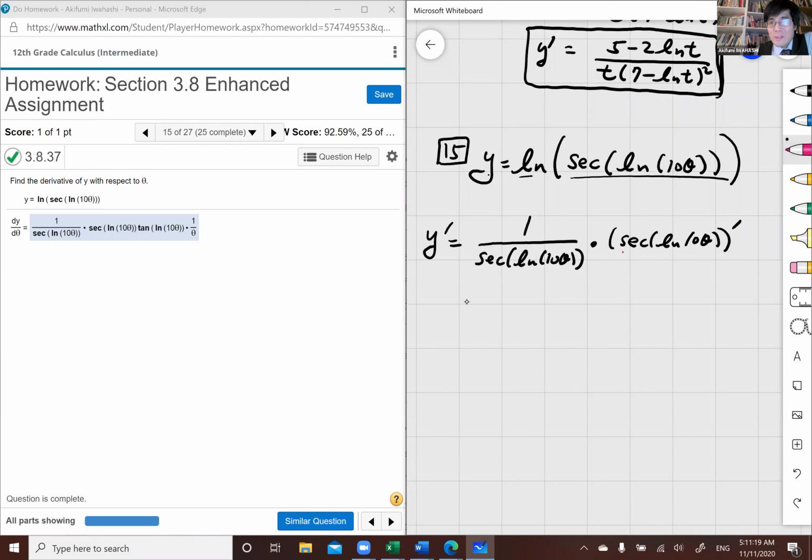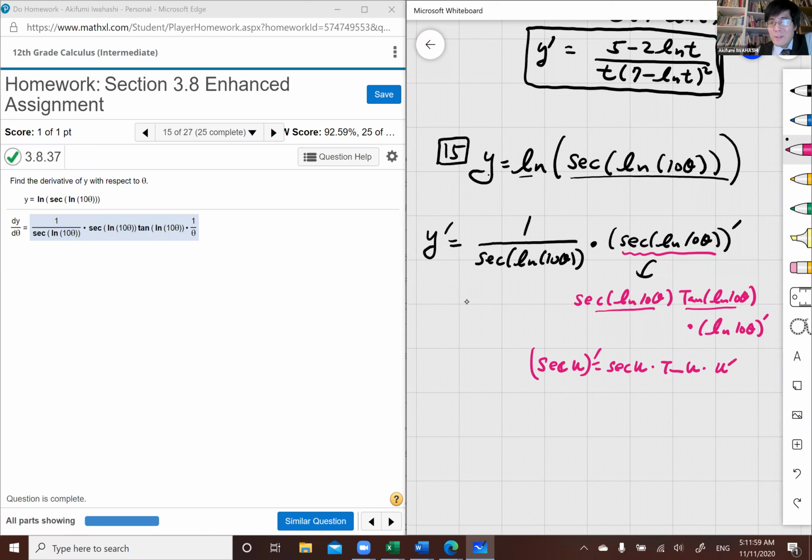Now I'm going to focus on this part, which is the derivative of secant. The derivative of secant is secant whatever, tangent whatever, times the derivative of the inside function, by the chain rule. So what I used is that secant u's derivative is secant u, tangent u, u dash, okay?